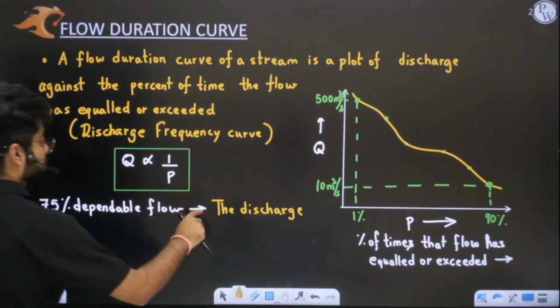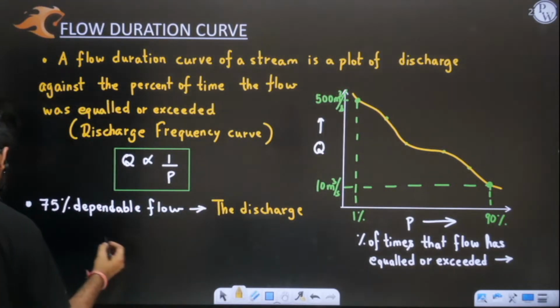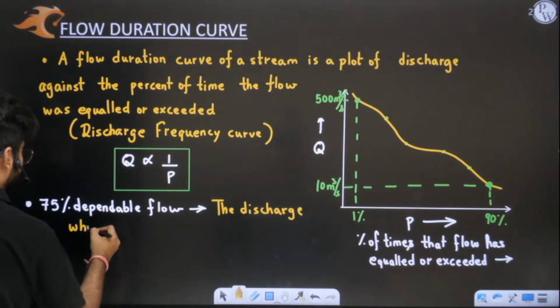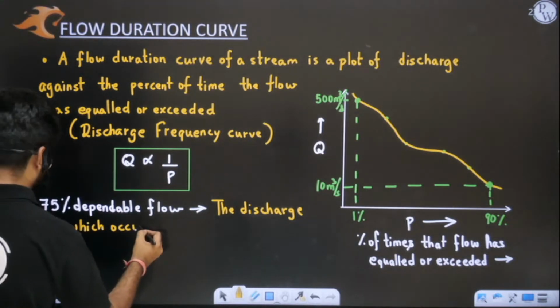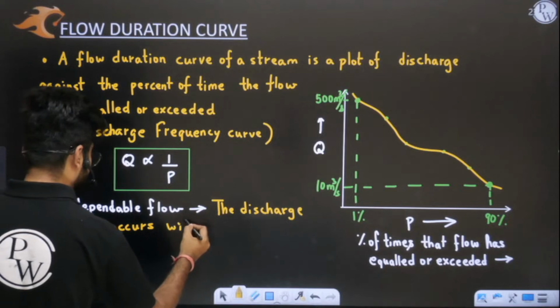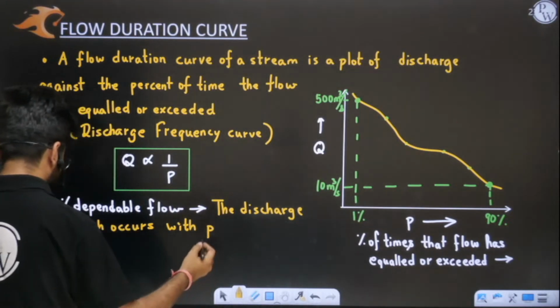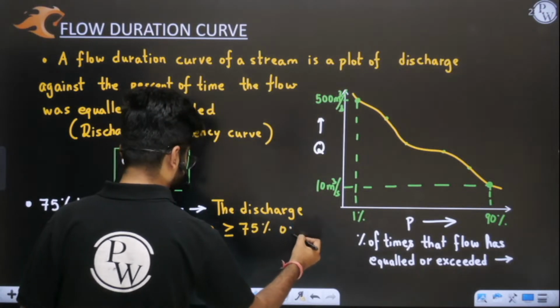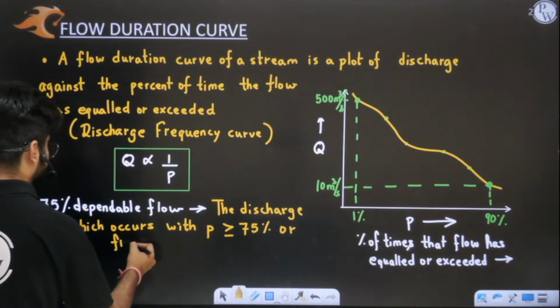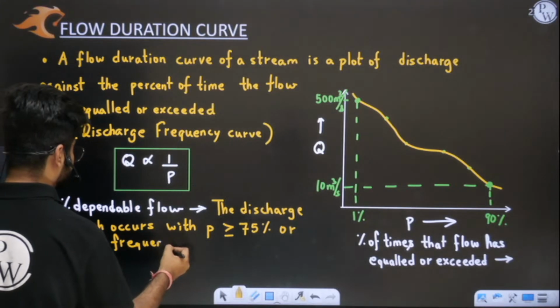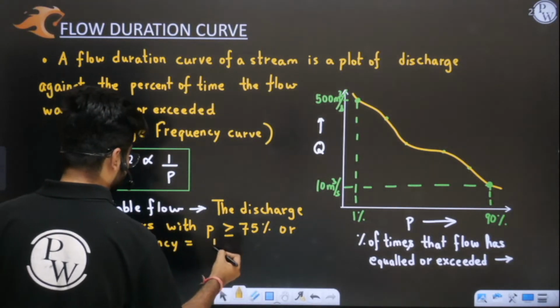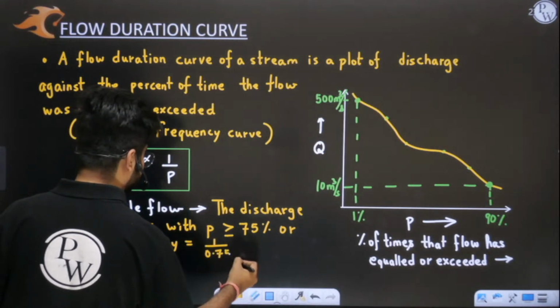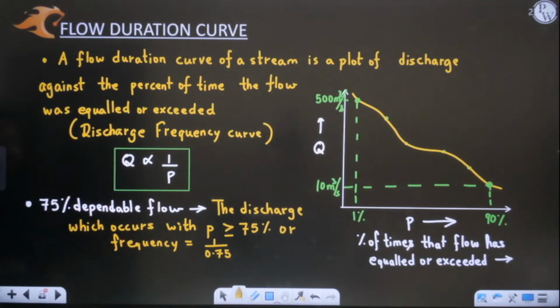So the discharge 250 meter cube per second will occur with probability greater than or equal to 75%, and its frequency will be 1 by p.